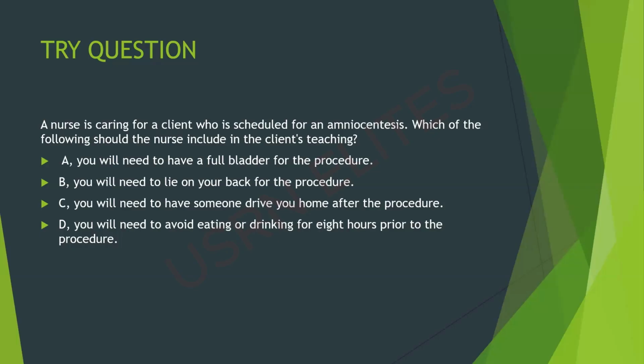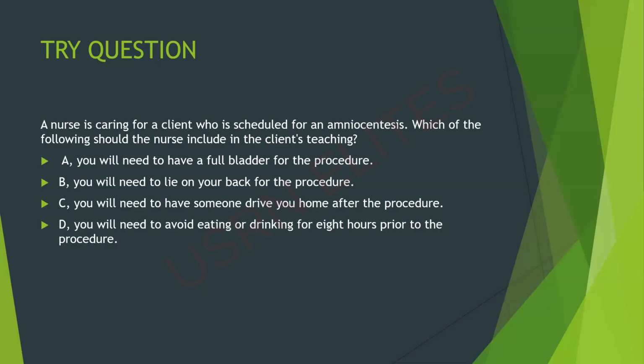The purpose of the full bladder is that in the early stages, the pregnancy is usually in the lower abdomen, so we want to push the uterus upwards to its correct position.